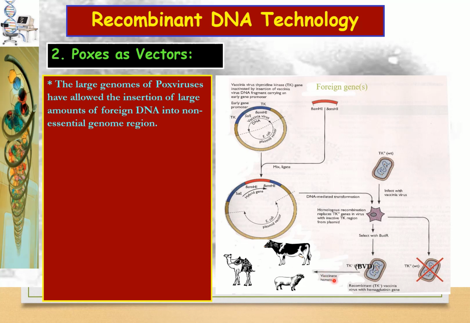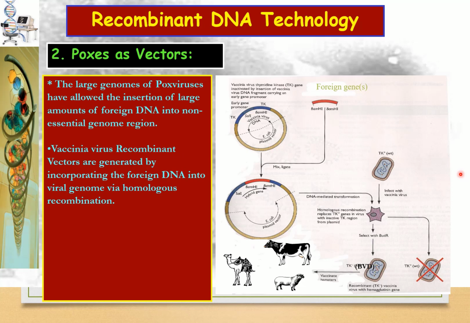Okay, and there are veterinary vaccines prepared this way. Recombinant vectors are generated by incorporating the foreign DNA into the viral genome via homologous recombination. Proteins are expressed properly and have undergone post-translational modification.